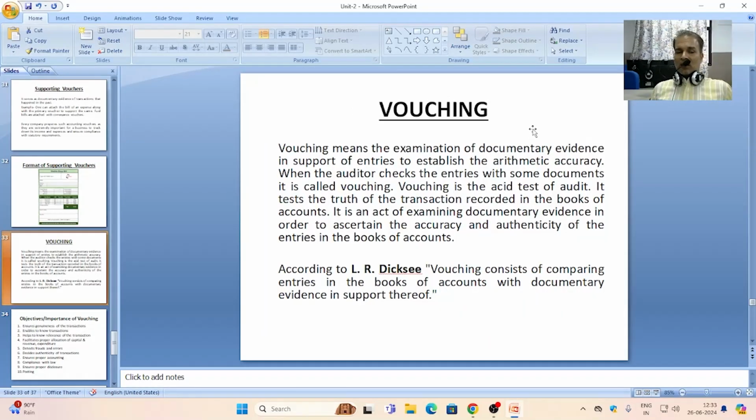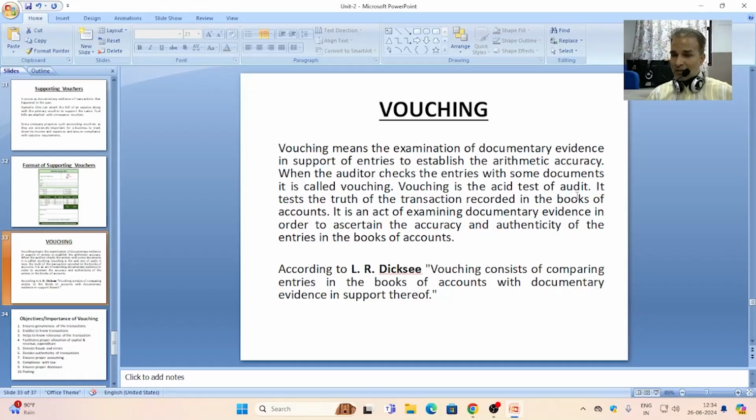This is an important part of the auditing process. Actually, vouching is the base pillar of the auditing process. Vouching means the examination of documentary evidence in support of entries to establish the arithmetic accuracy.